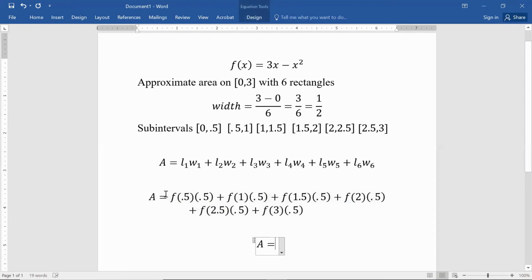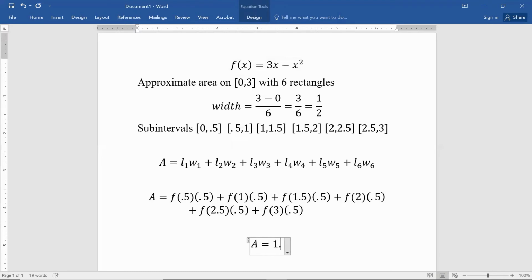F of 0.5 is just what I get when I plug in 0.5 into this function. So let me go ahead and do that. 3 times 0.5 minus 0.5 squared becomes 1.25.